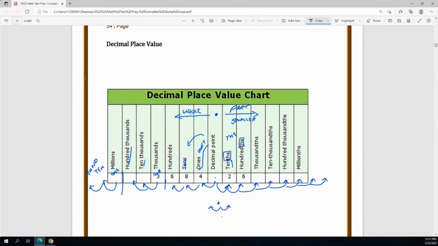Or hundredths, that's to the right. 100, that's to the left. 1 millionths, that's to the right. 100,000, that's to the left. That's how we know the difference.